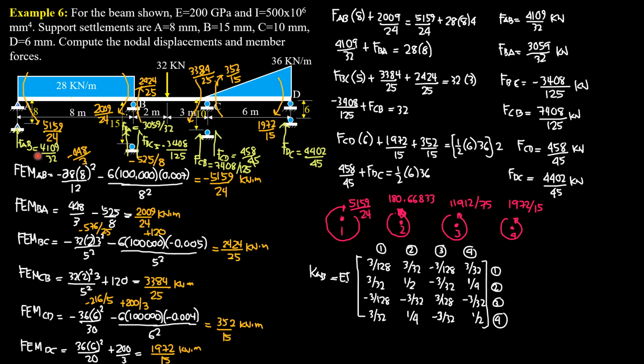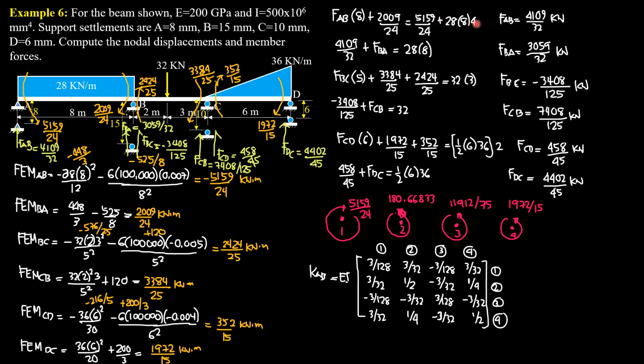Then force FAB is computed by summing up moments about B. So FAB times 8, this is the calculation. If you want to check it, FAB times 8 plus 2009 over 24 equals 5059 over 24 plus moment of the load 28 times 8 times 4.